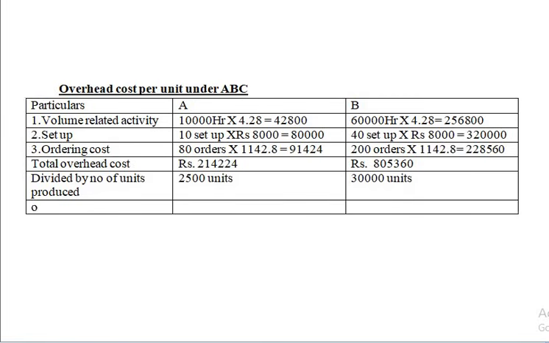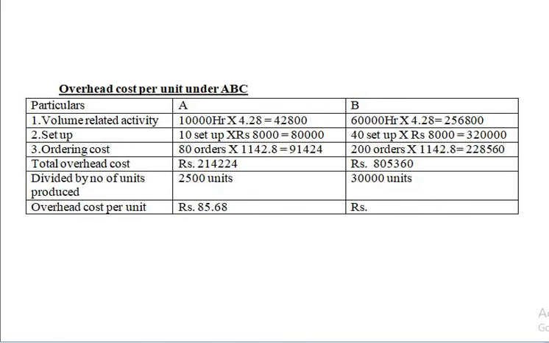Now you will get overhead cost per unit. So 2,14,224 is the total cost of product A incurred to produce 2,500 units. Then how much for 1 unit? 85 rupee 68 paisa. This is the overhead cost per unit incurred to produce product A.